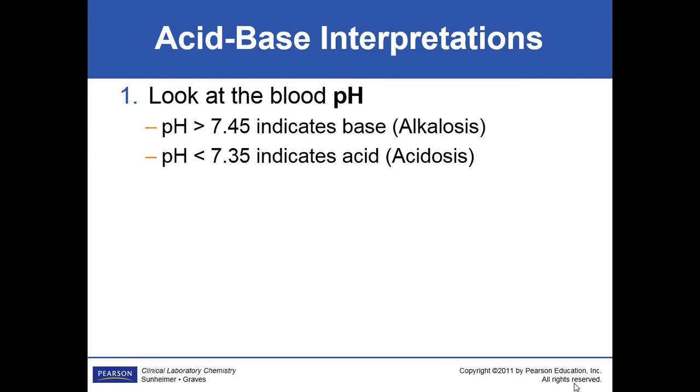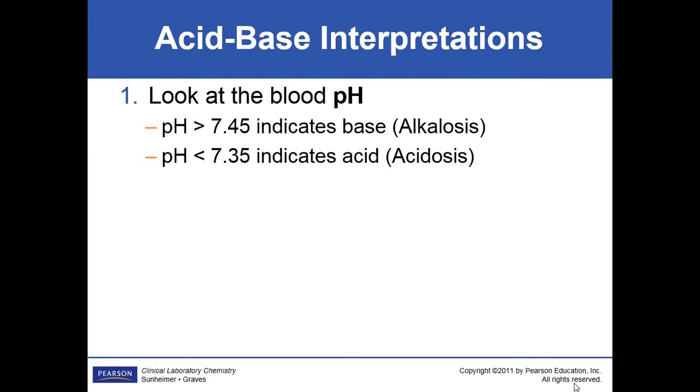We know what the normal is supposed to be. So if we see a pH elevated above this 7.45, we're going to think alkalosis. And if we see a pH below the 7.35, we're going to know this is an acidotic situation. So there's half of your disorder.